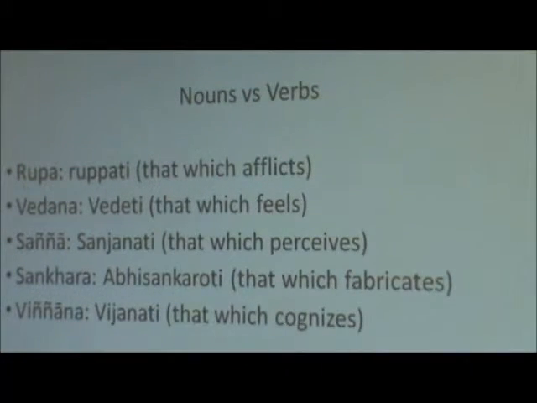Therefore, for rupa we find rupati, that which afflicts. For vedana, we have vedeti, sanya sanjanati, sankhara abhisankharoti, and vijnana vijanati. So it's a verb that is closer to what's really happening rather than nouns. But of course, for the sake of understanding, for the sake of explanation, we have to use categories and nouns.